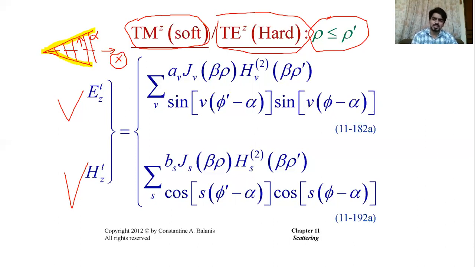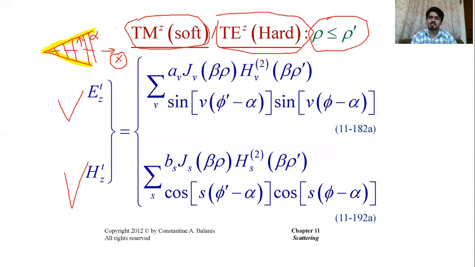Now, in order to create TM to Z polarization, you will require an electric line source placed parallel or along the z-axis, right? So if your electric line source is placed along or parallel to the z-axis, that means you have an E field which is parallel to the z-axis. It has a z component. On the other hand, the H field is going to be in the XY plane, perpendicular in the transverse direction to z.